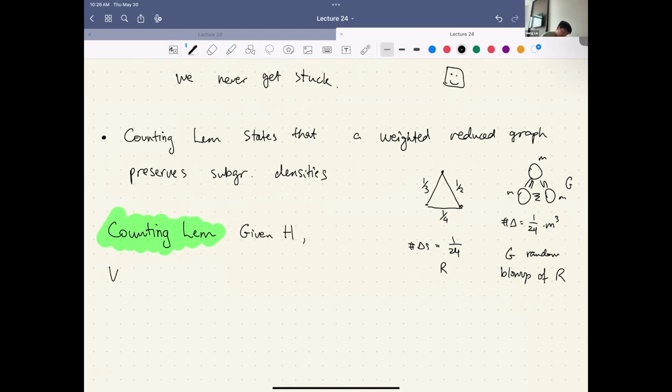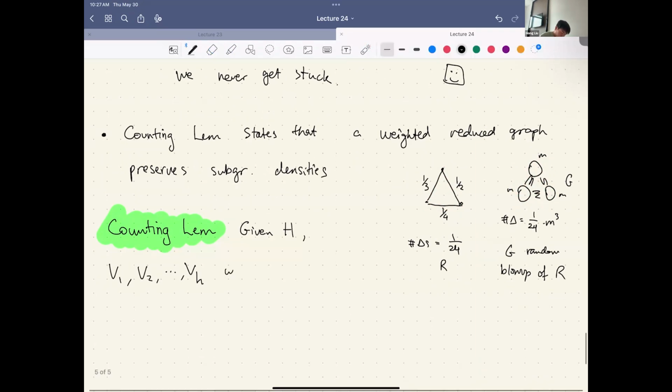And let's say we have V1, V2, up to VH are the clusters of G between which we're going to embed our H, let's say H has h vertices. Each Vi has size little n.